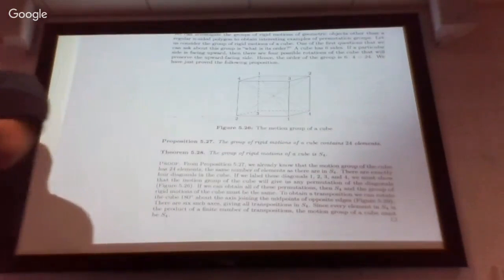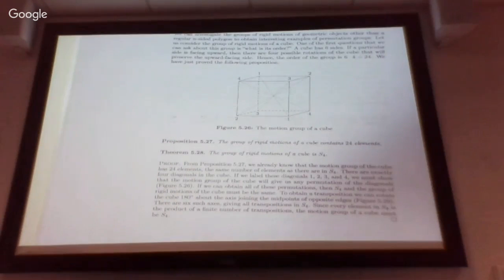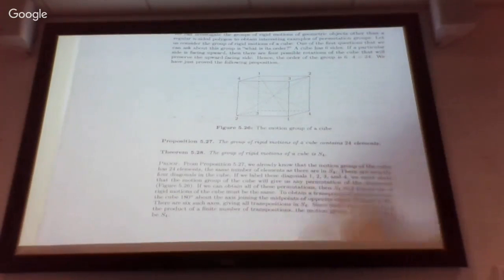So if you can achieve all the transpositions by doing various compositions, you can then achieve any permutation whatsoever. Okay? Because remember, every permutation can be written as a composition of transpositions. So there's 24 different rotations of the cube, because there's 24 elements in S4.